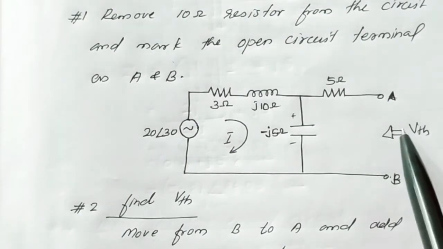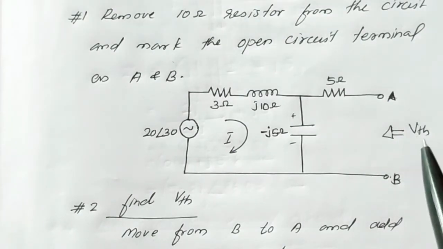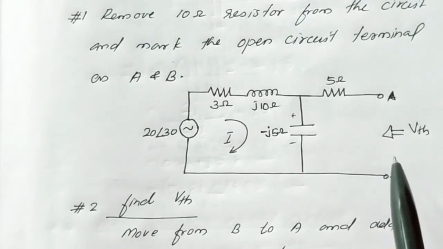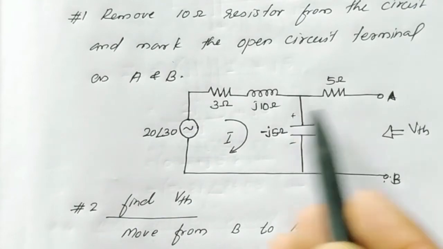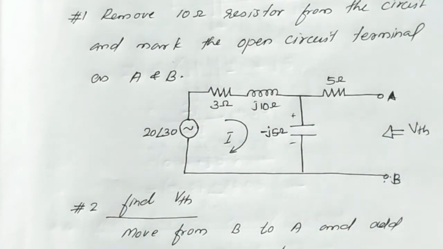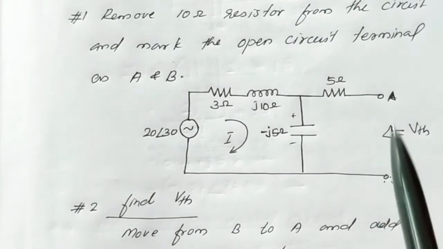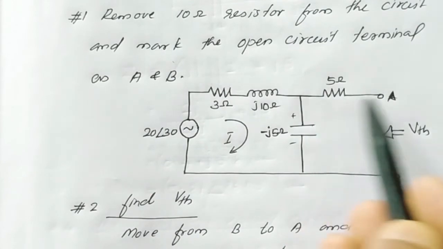In this open circuited network, we need to find the open circuit voltage, that is nothing but Thevenin's equivalent voltage. To find it, we move from B to A and add all the voltage drops. You can use this path or this path, but the easiest path is this one. Therefore, let's consider this path.